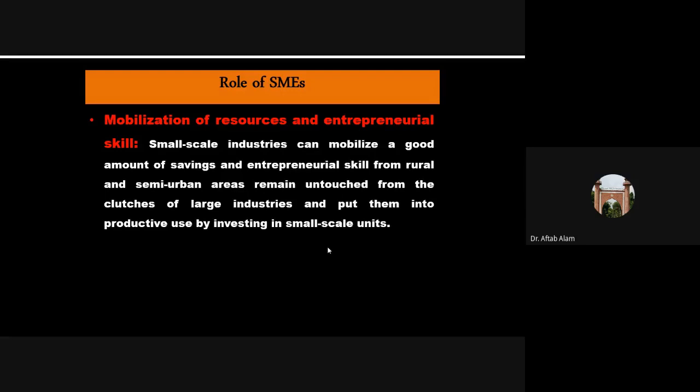So the second point under the heading of role of SMEs is mobilization of local resources and local enterprise. ये locally developed enterprises को develop करता, local resources को utilize करने में भी help करता है. So this is the second point.